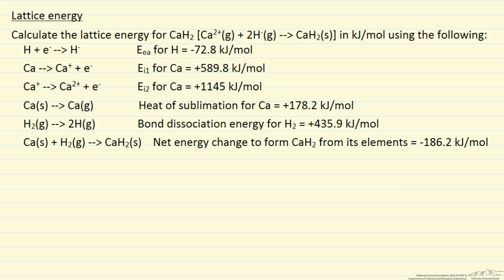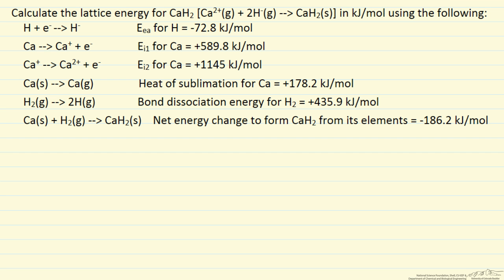We're starting with calcium ion, and let's work with that first. So this is how we can imagine the process taking place. We start with calcium 2+, and these are gas phase, this one too.